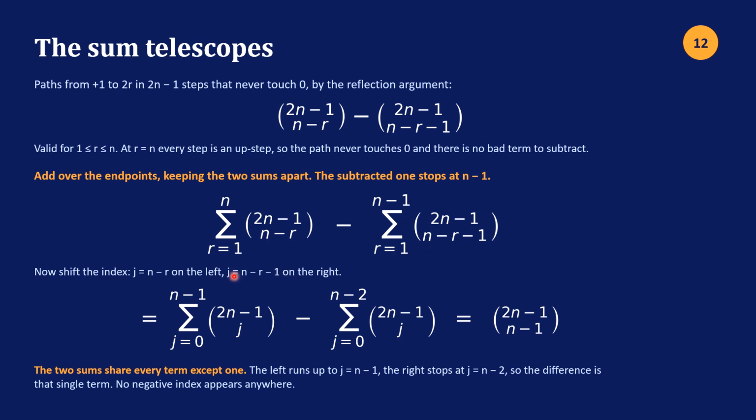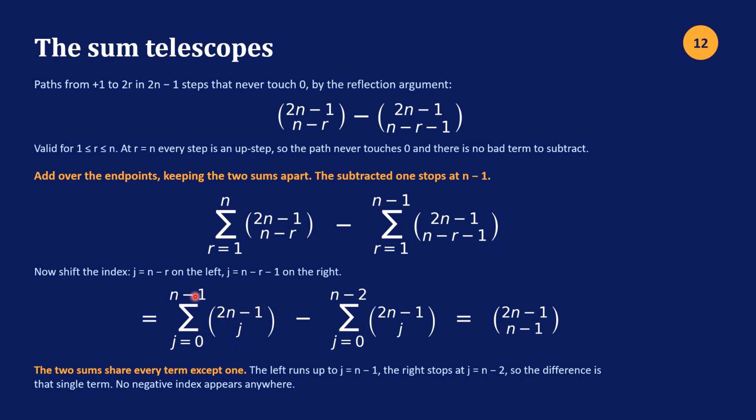And then you make another change of indices here. You let j equal n minus r minus 1. So you get a j here. And you have the same inversion that I mentioned here. This sums up to n minus 2. But the nice part is you have the same summand in here, whatever this is called, it's the same.